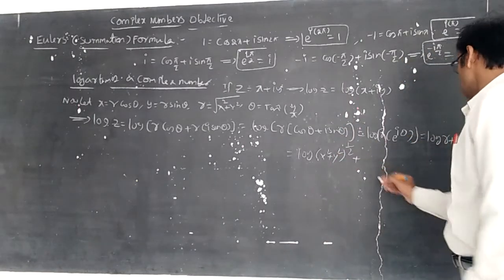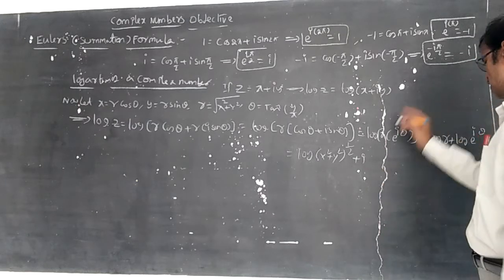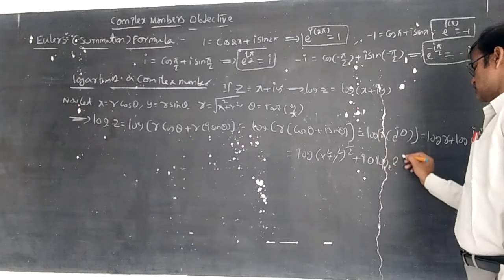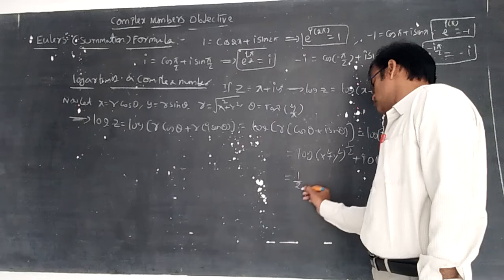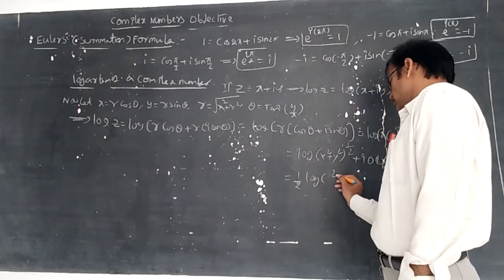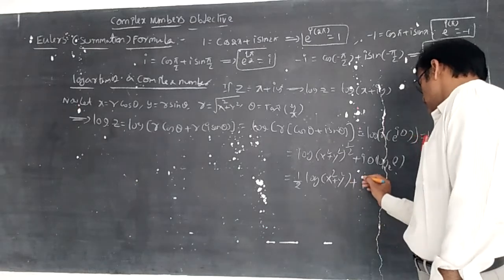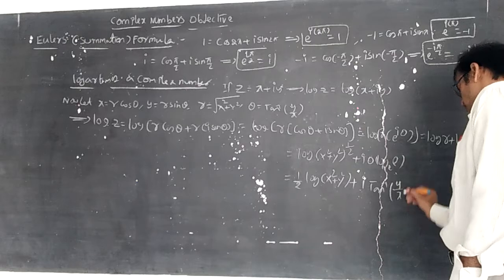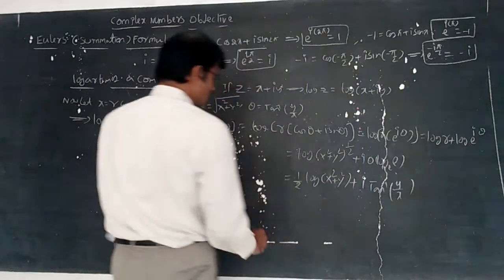Plus log e power i theta can be written as i theta into log e base e, and of course log e base e value is 1. That is equal to 1 by 2 into log of x square plus y square plus i into theta, meaning tan inverse of y by x. This is the formula for the log z.